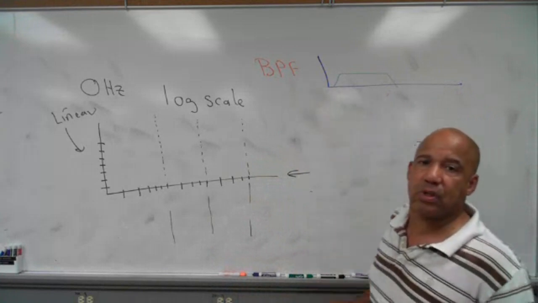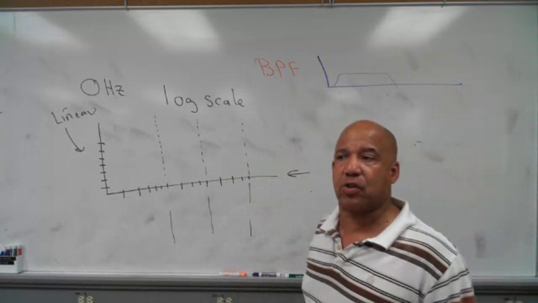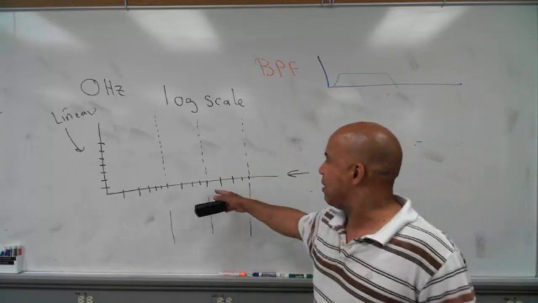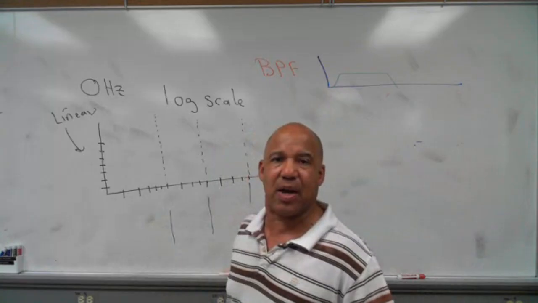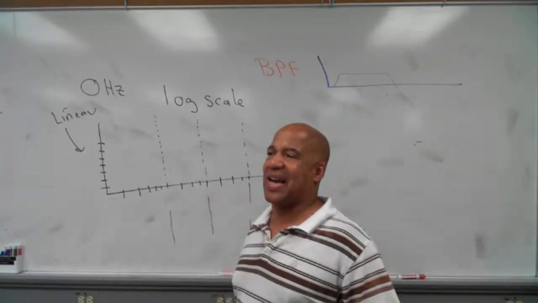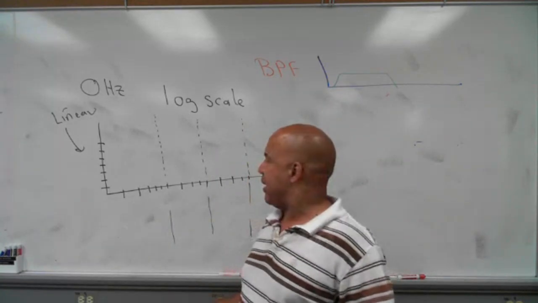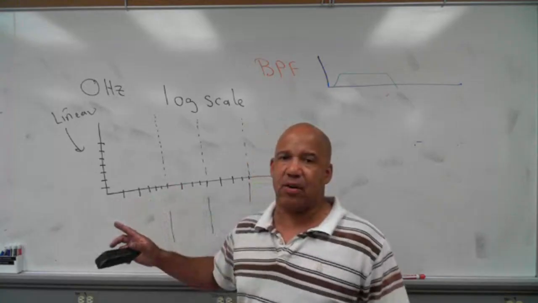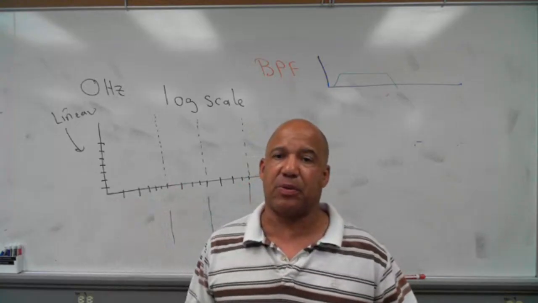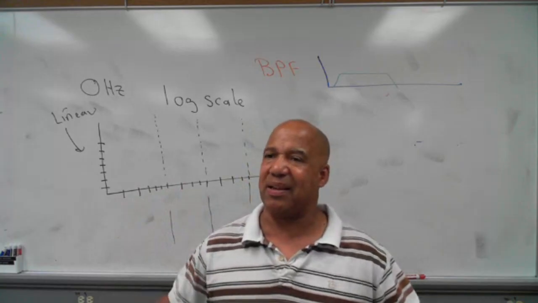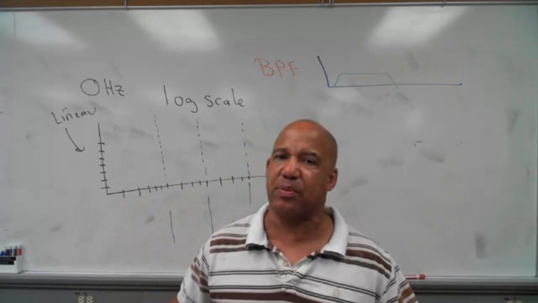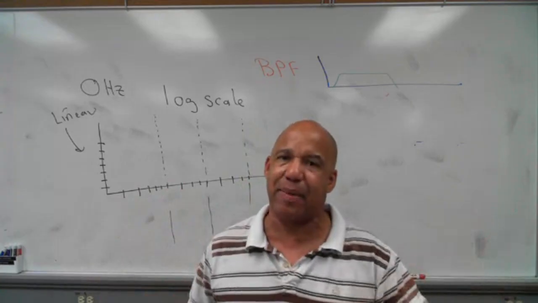Well, since we use logarithmic scales, when we do the math, what is a logarithm? A logarithm is kind of like a fancy exponent. Since we use a logarithmic scale to represent frequency response curves, we have to deal with logs and logarithms and exponents and all that kind of math.